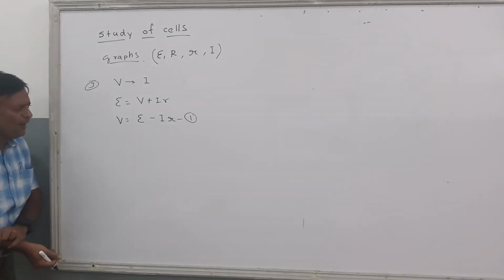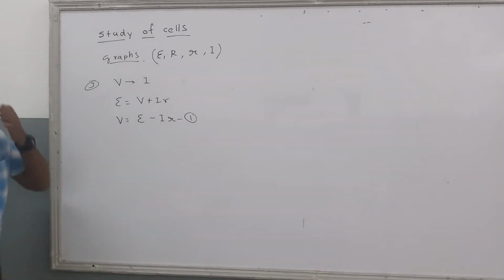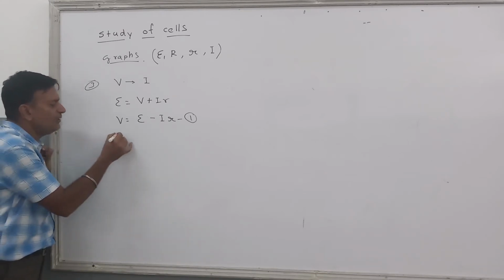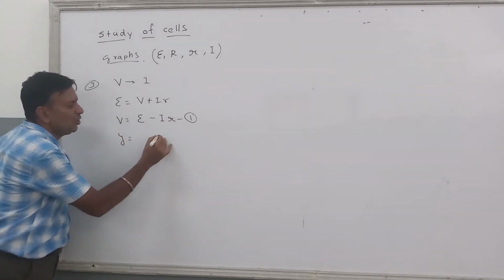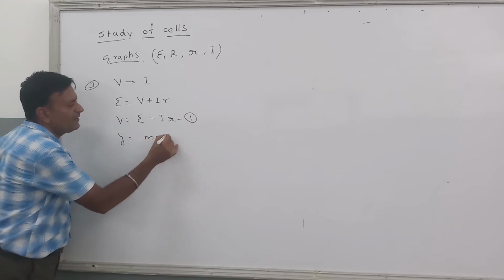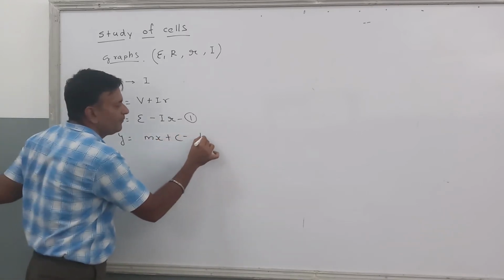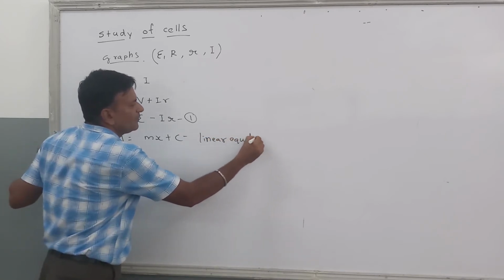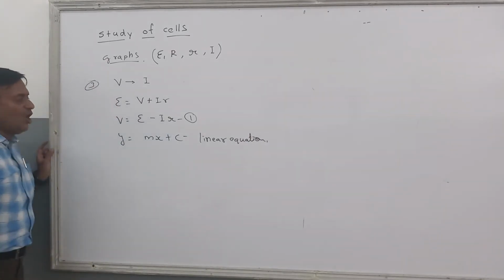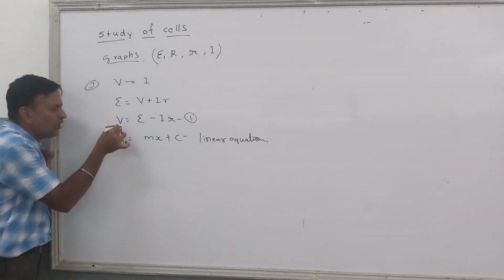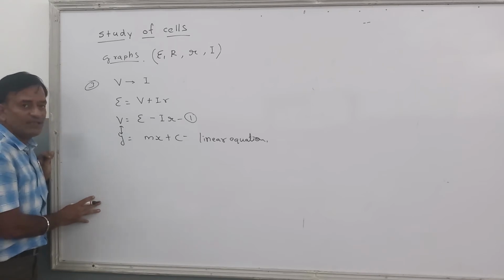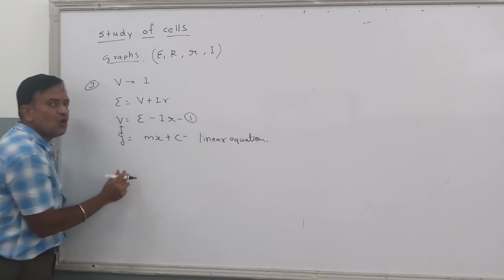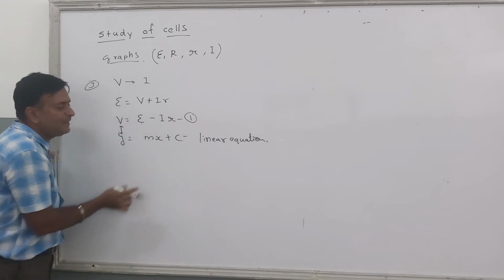See, what I am doing over here is comparing this equation with the linear equation. What is the linear equation? y is equal to mx plus c. On the y-axis, I am going to plot the potential difference. There is a constant in this equation. There is one more constant in this equation also. What is that? Epsilon.